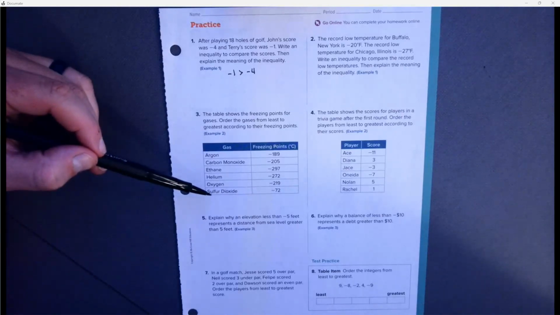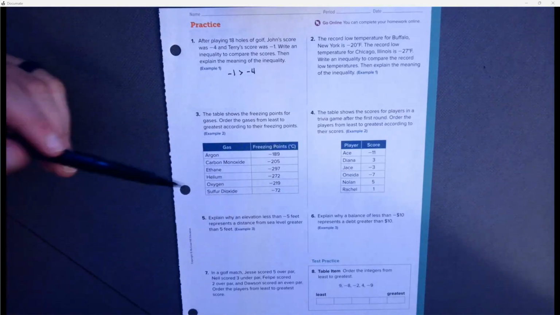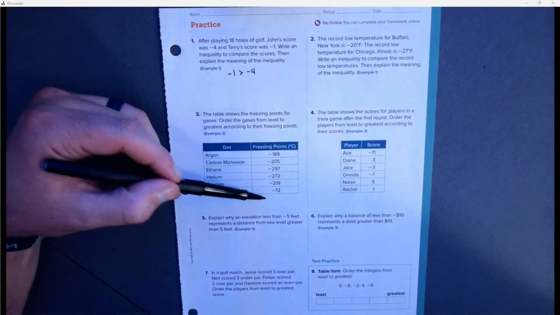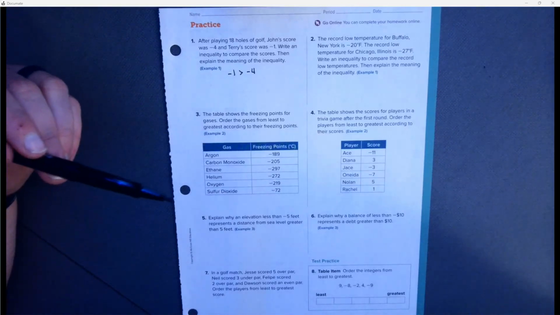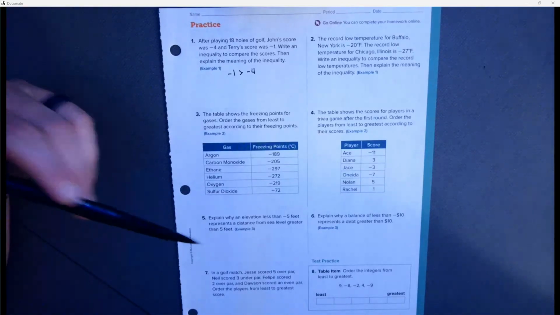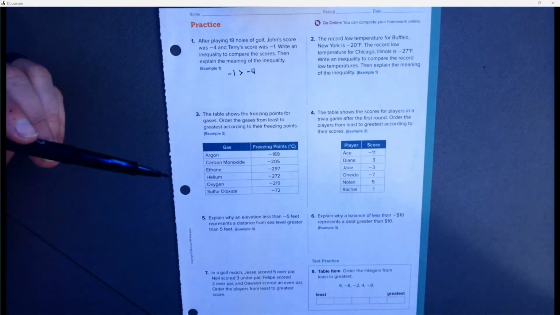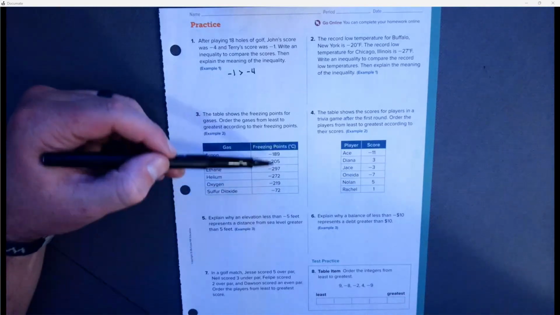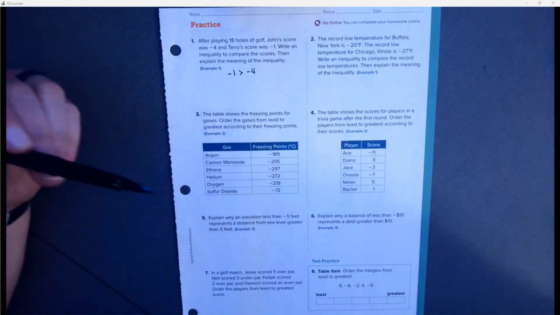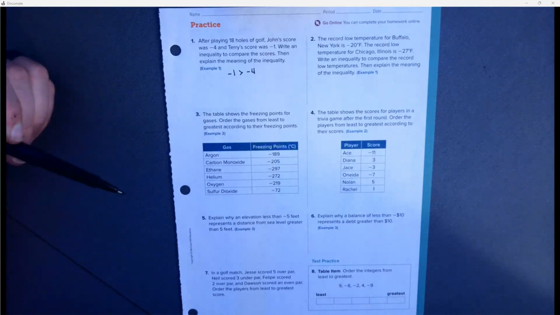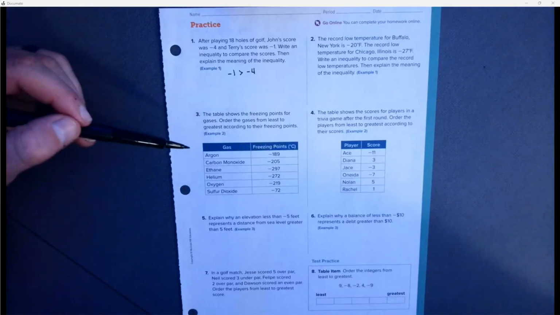And sulfur dioxide, -72. Now all these numbers, if we look, have a freezing point in the negative degrees Celsius. So this helps us out, but we know the number with the highest magnitude will be the lesser value. So we just need to find the number that is the highest, and it will be our least valuable number, and it will go first in our order from least to greatest.